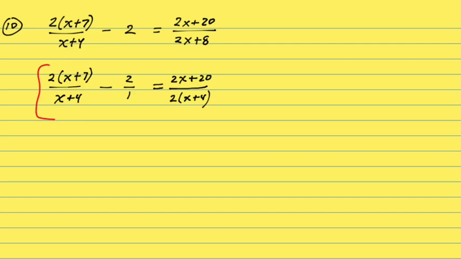That means my common denominator is 2 times x plus 4. I'm able to multiply this as long as I do it to both sides of the equation. When I multiply it here, the x plus 4's cancel, leaving me 2 times 2 times x plus 7. So that's what I'm going to write.